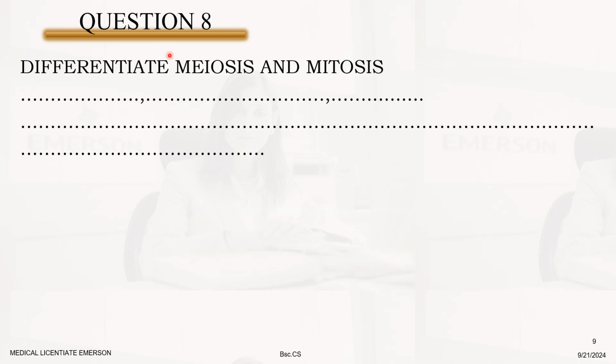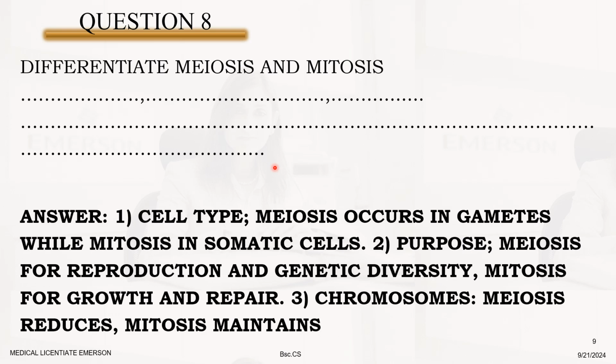Differentiate meiosis and mitosis. Difference number one is in terms of cell type. Meiosis occurs in gametes, while mitosis occurs in somatic cells. The second difference is in terms of purpose.